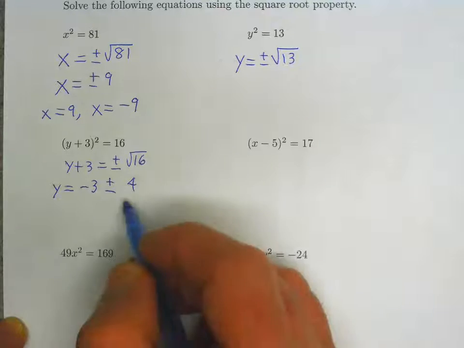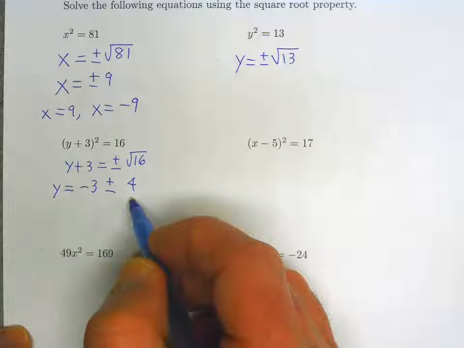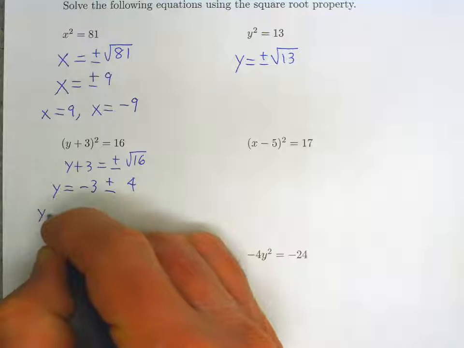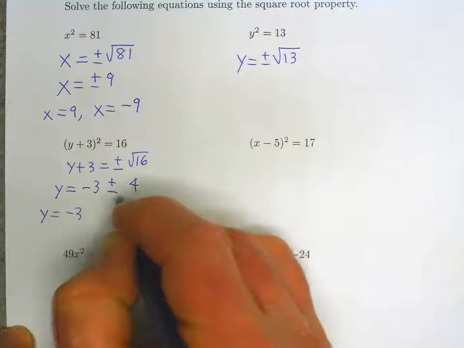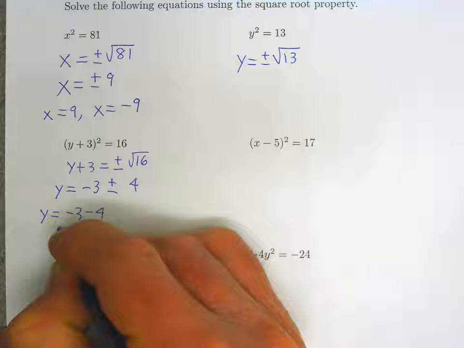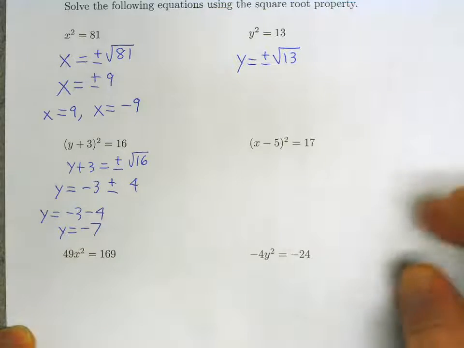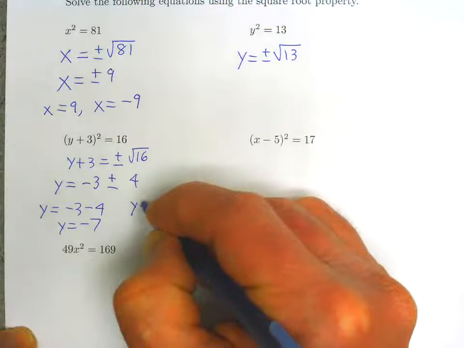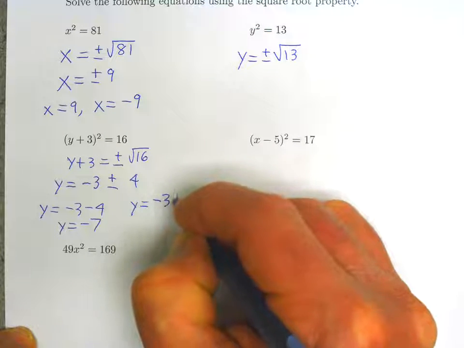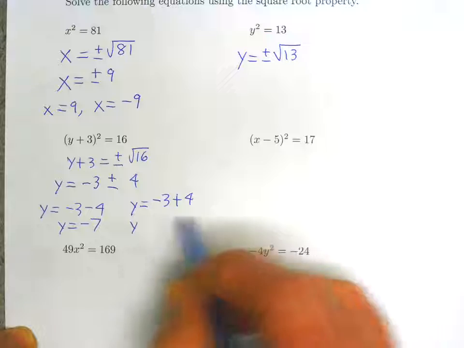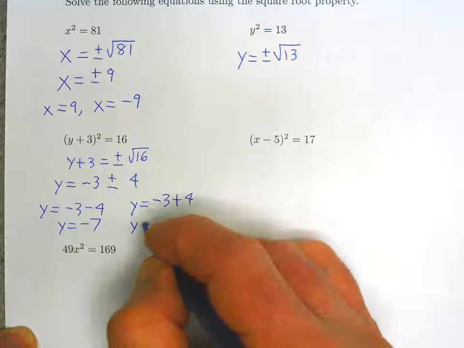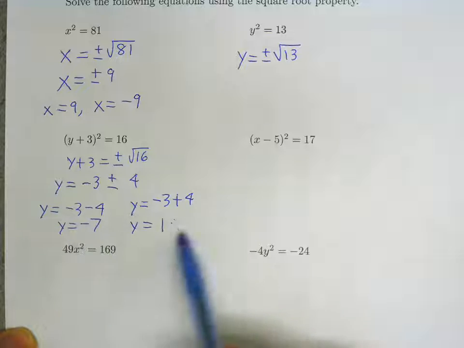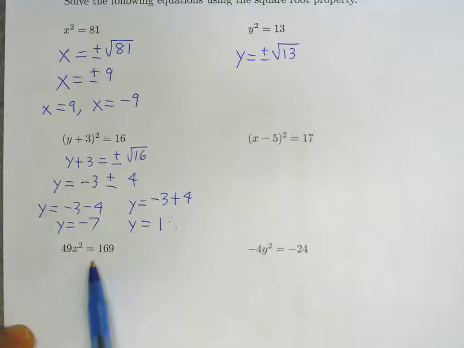So we'll write the solutions separately because they simplify further. So one solution is y equals -3 minus 4, or y equals -7. And then the other solution is y equals -3 plus 4. -3 plus 4 is positive 1. So the two solutions don't involve square roots because they all simplified.